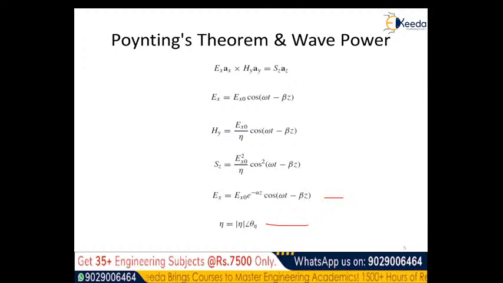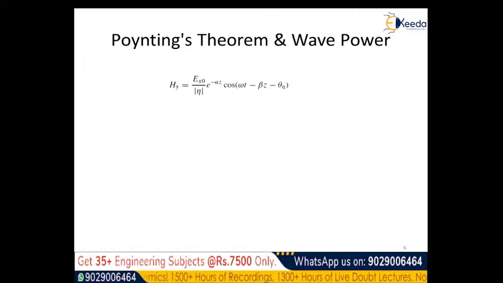By using the expression of eta in equation number 20, we write the magnetic field intensity given by Hy is equal to Ex0 divided by the mod of eta into e to the power minus alpha z into cosine of omega t minus beta z minus theta suffix eta. The new equation number 21 you can take.